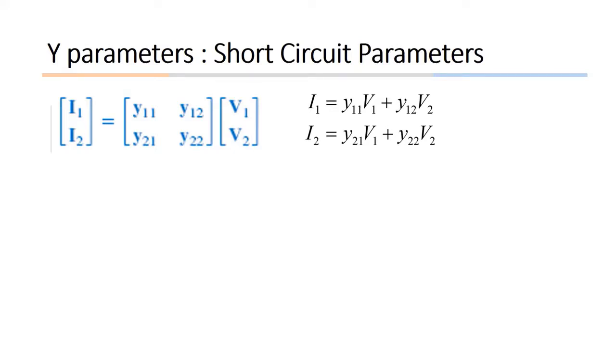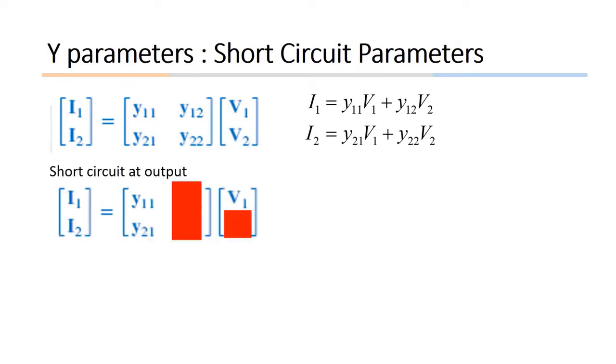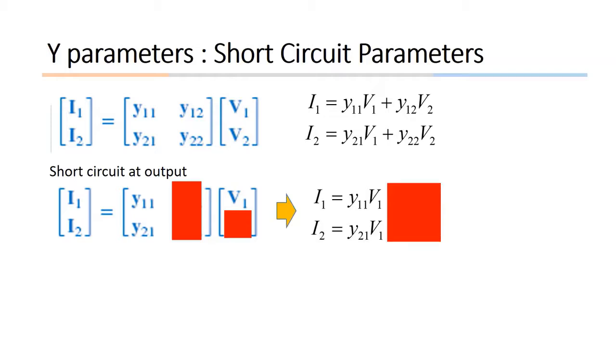To make the voltage 0, we can do short circuit. To obtain the first column of the Y parameters, we simply short circuit, which means we want to make V2 equal to 0, so that the equations for currents I1 and I2 can simply be represented as the Y parameters and the V1 values.